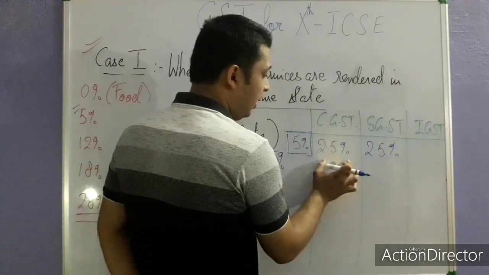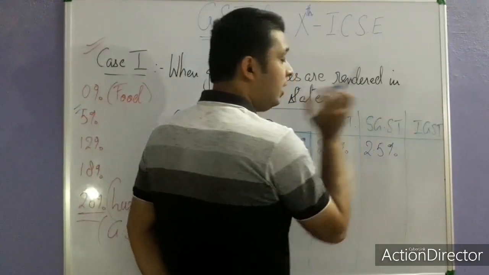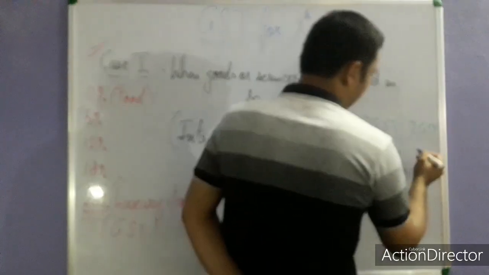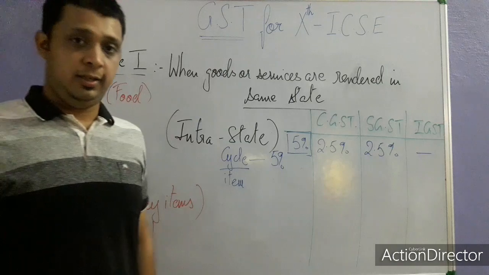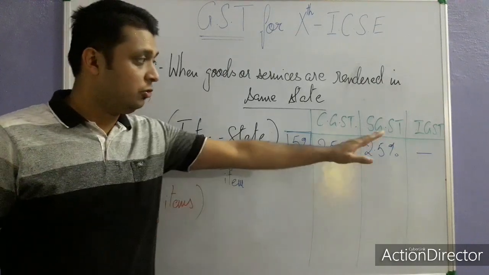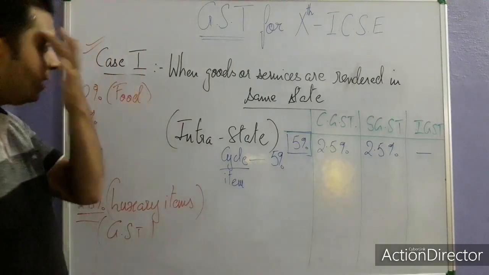The first half goes to the central government and the second half goes to the state government, and nothing goes to the integrated GST. Clear? Nothing goes to the integrated GST department. Now this was the first case.